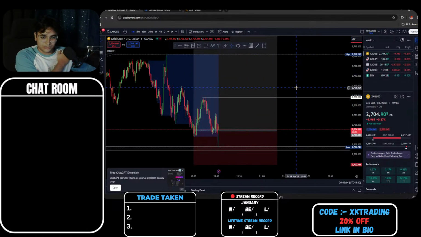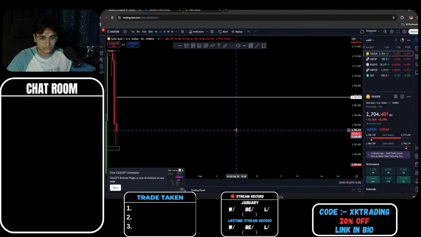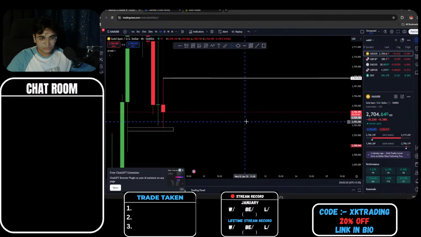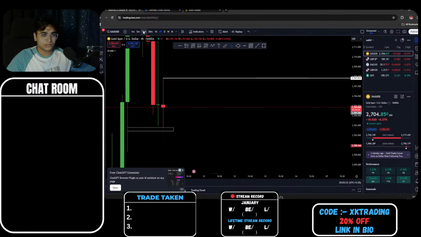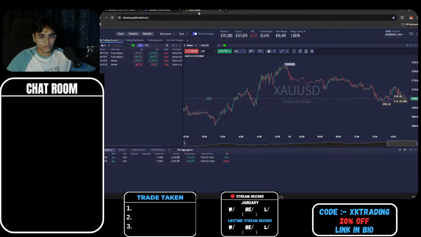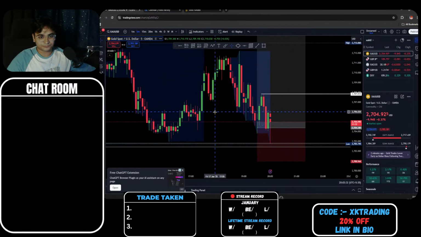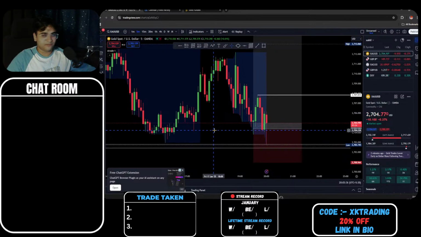But also keeping in mind, did we break out the 4 hour low at the same time? We did. Okay, so we did take out the 4 hour candle low, and now if price does flip bullish, then yeah. So you know what? I'll just be waiting to see if I see bullish momentum or not.